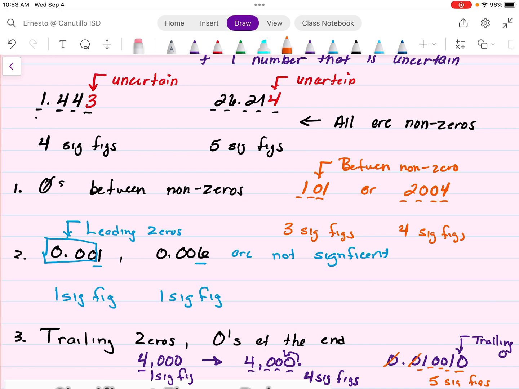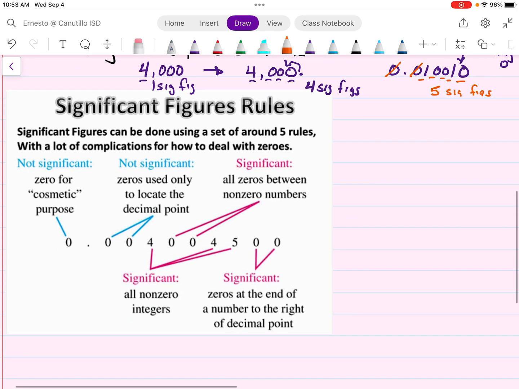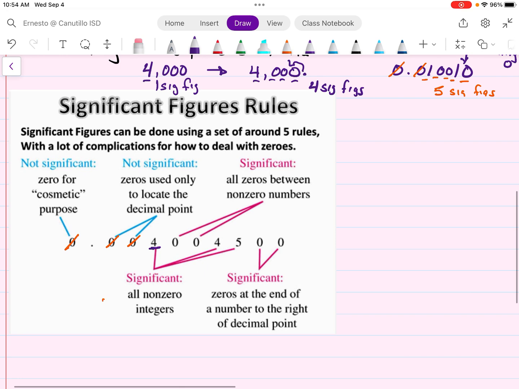The biggest issue you're going to have with significant figures is figuring out when zeros are significant. So let's take a look at an example of a number. Here's a number, and it tells you exactly which ones are significant and which ones are not. The leading zeros here are not significant because they're just there as placeholders. The non-zeros are obviously going to be significant, so we're going to take those into account.